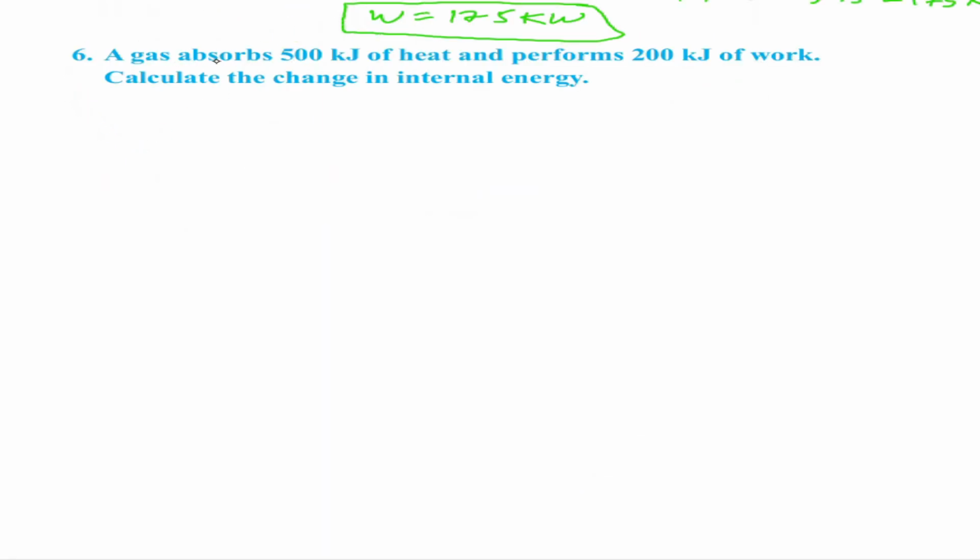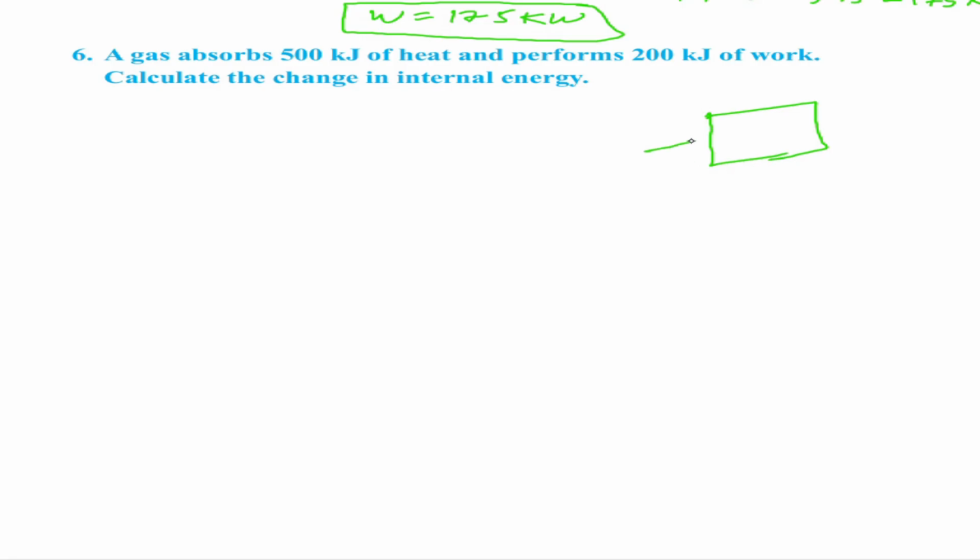Last question. A gas absorbs 500 kilojoule of heat and performs 200 kilojoule of work. Calculate the change in internal energy. Here it is given that the gas absorbs.